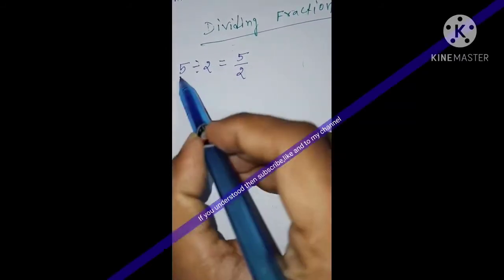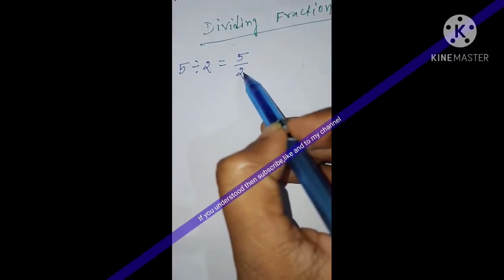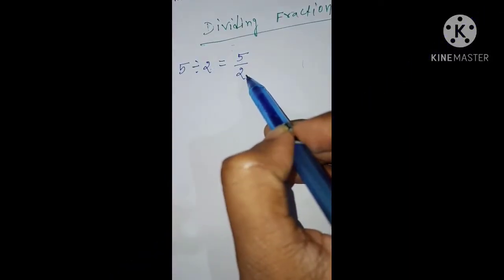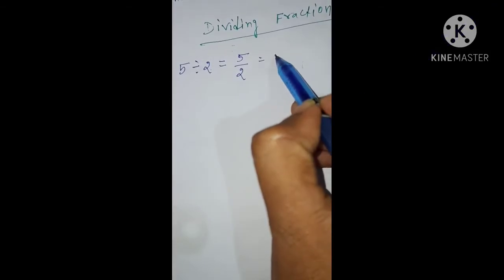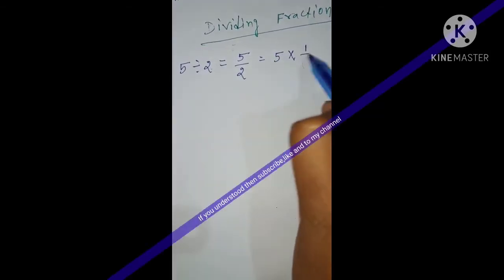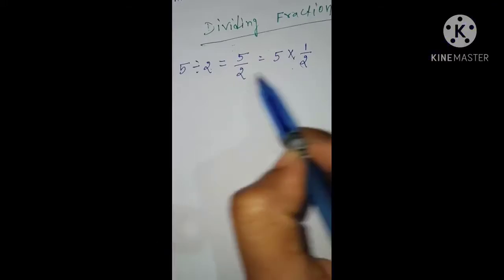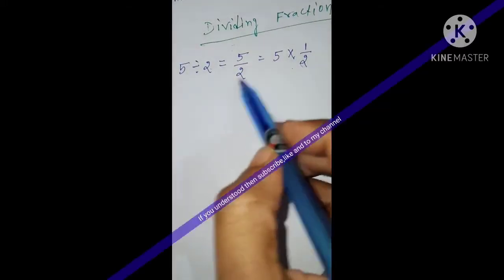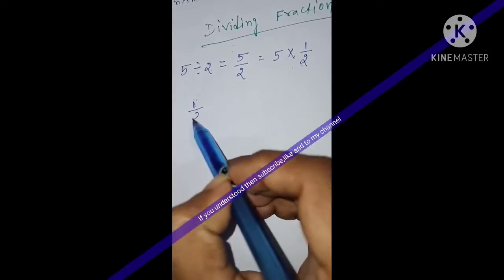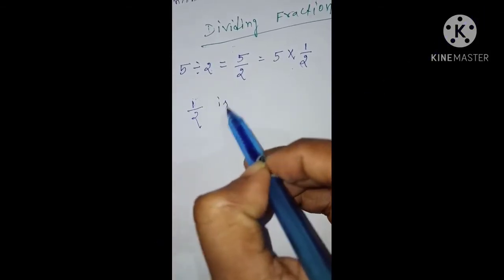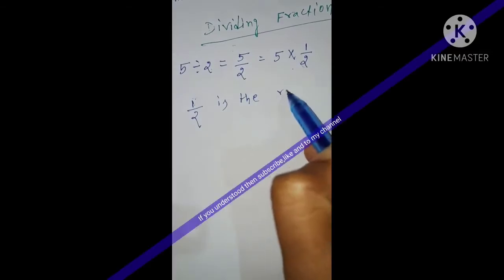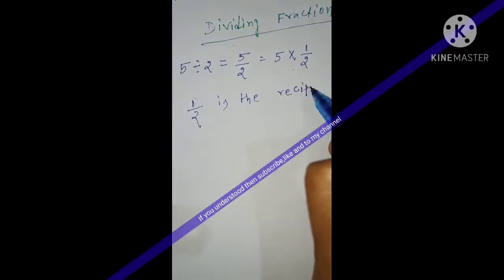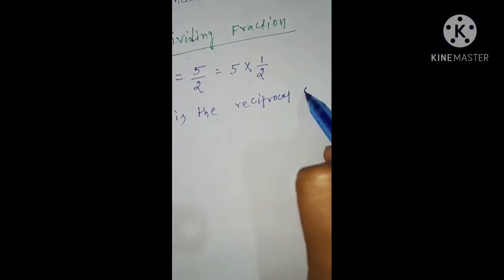Yes or no? So this one you can also write as 5 multiplied by 1 by 2. Is this correct or not? But you see that 1 by 2 is the reciprocal of 2, right?